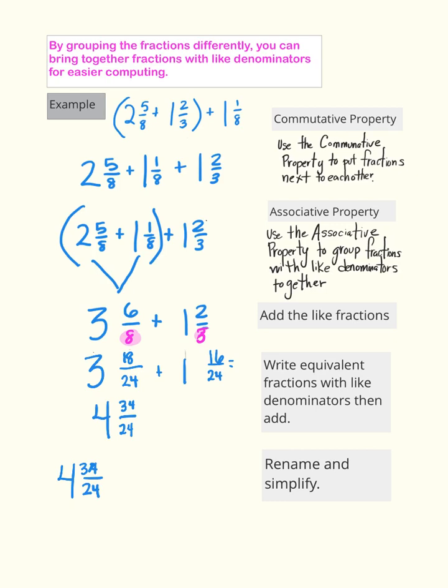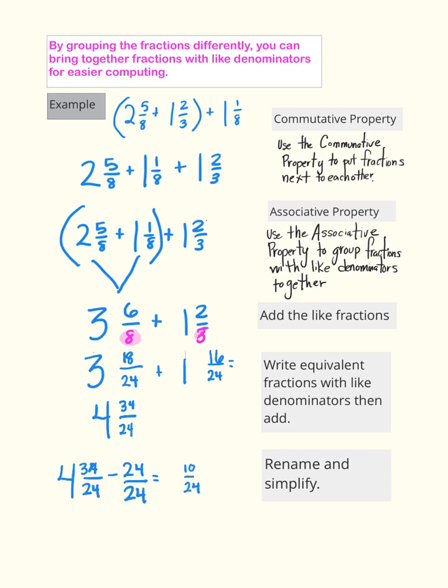So now I'm going to rename. I'm going to pull out what I can because that's too much. I'm going to pull out a whole. So I'm going to subtract 24/24. That's going to be 10 over 24.